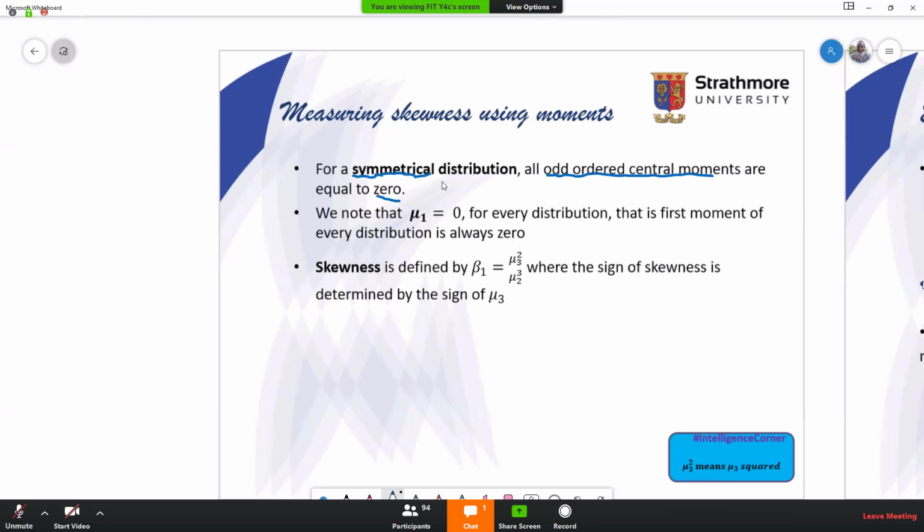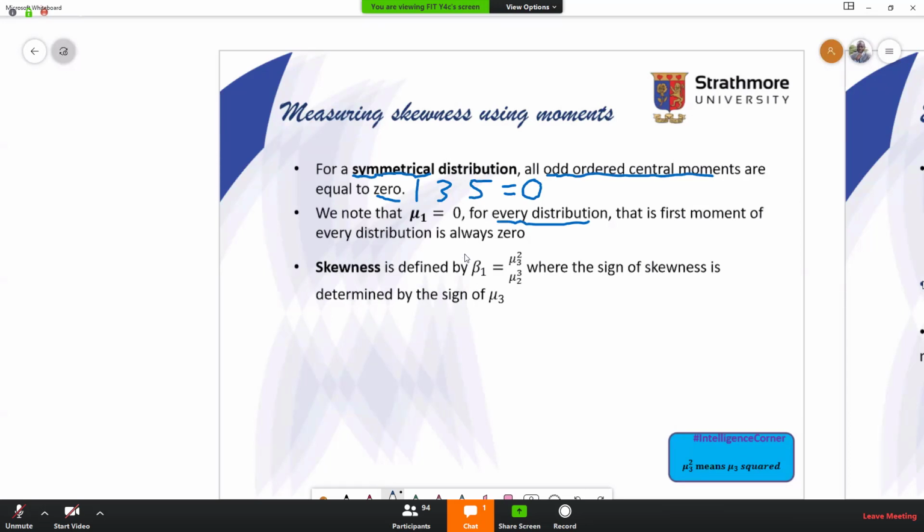What does odd mean? 1, 3, 5, they are all equal to 0 if the distribution is symmetrical. Then note also that the first moment of all distributions is equal to 0. We are going to apply this, not to cram.